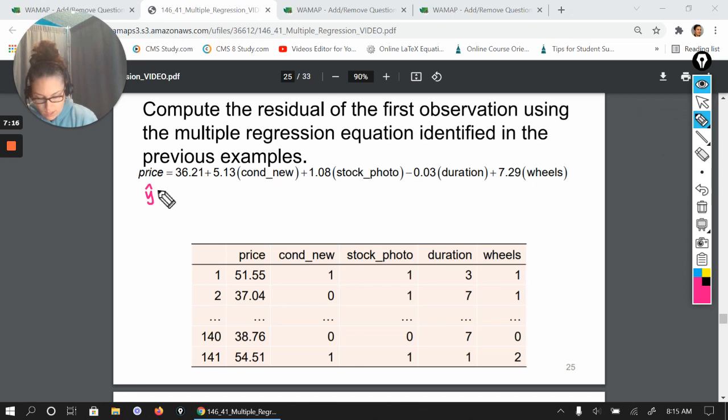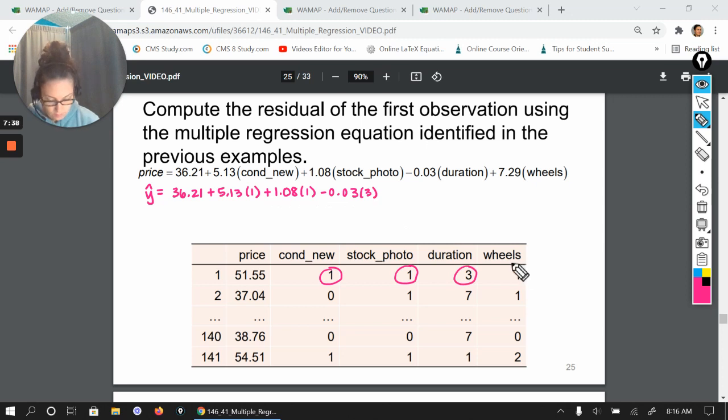So y hat equals 36.21 plus 5.13 times 1, so our condition is new, plus 1.08 times 1, we have a stock photo, minus 0.03 times 3, we have 3 days duration, I think is what that means, the number of days, plus 7.29 times 1, we have 1 wheel.